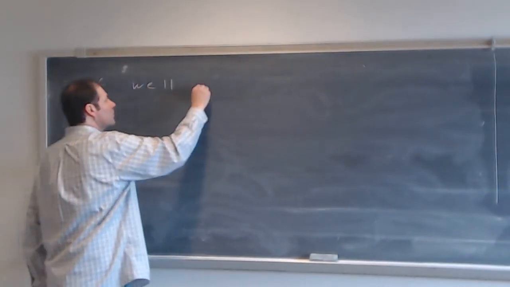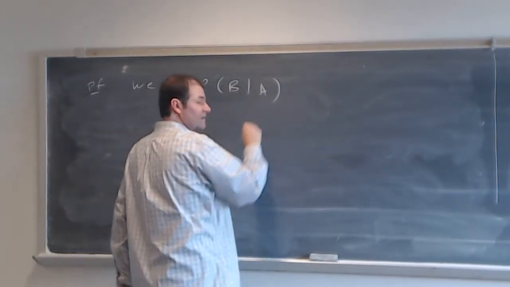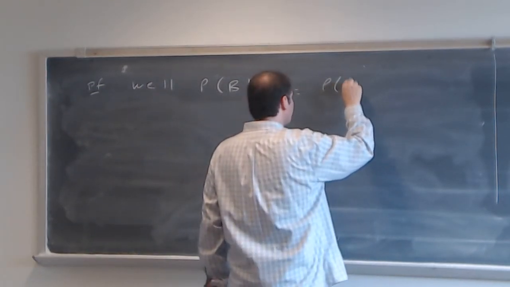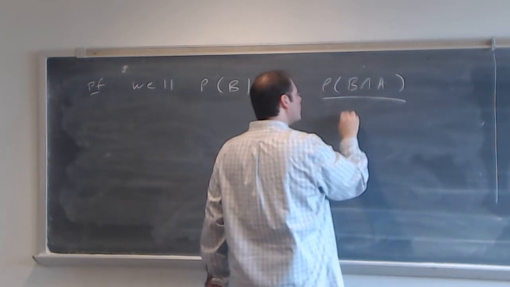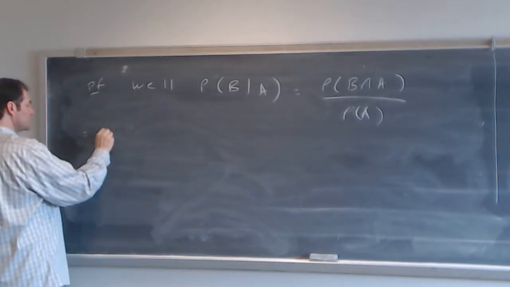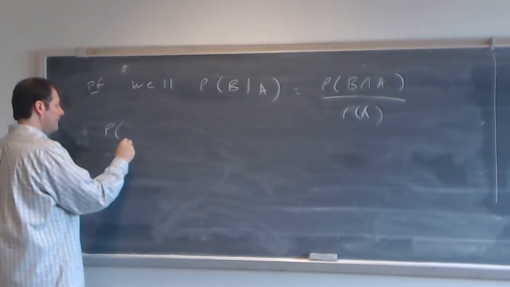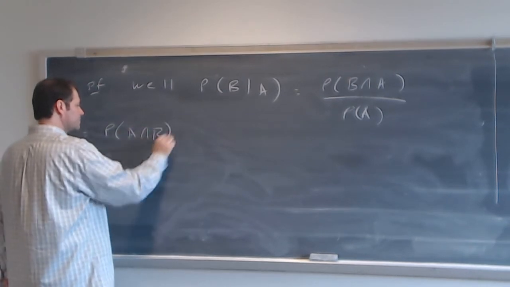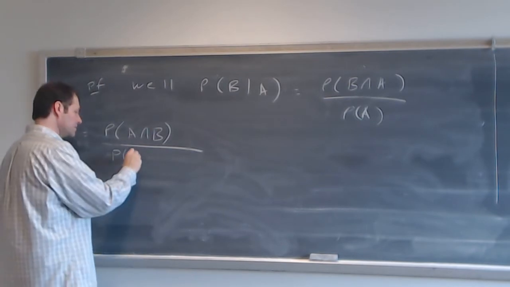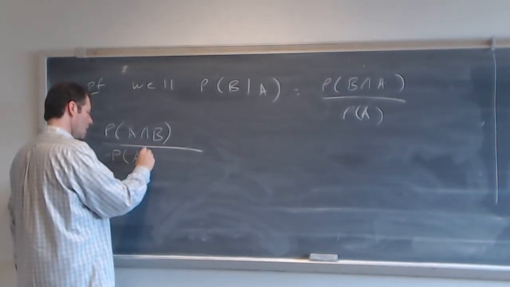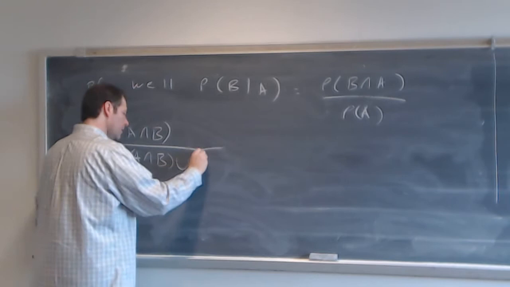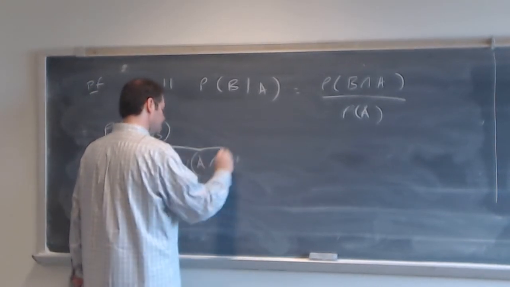Well, the probability of B given A, that's the left-hand side of Bayes' theorem. By definition, that's the probability of B intersect A over the probability of A. And that's equal to the probability of A intersect B, I'll rewrite that that way, over the probability of A. Now, the probability of A is really the probability of A intersect B union A intersect B complement.